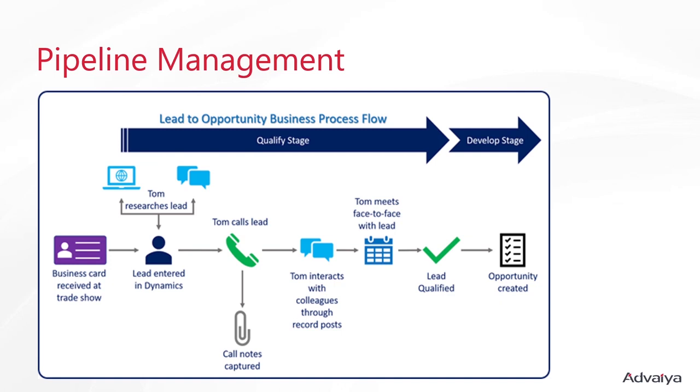We see how Dynamics 365 sales helps Tom capture information about a new sales lead. It then assists him through the entire lead qualification process from capturing the lead information, engaging with it, and qualifying it as an opportunity. Dynamics 365 provides Tom with the tools and guidance necessary to maximize his ability to convert this lead into a sales opportunity.